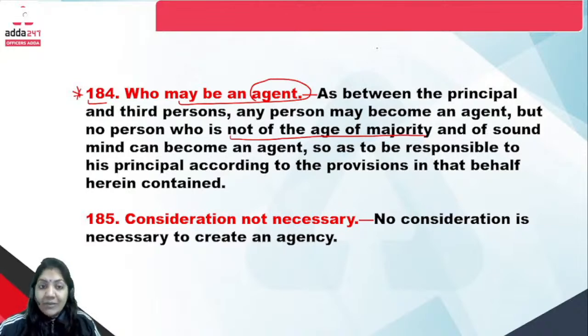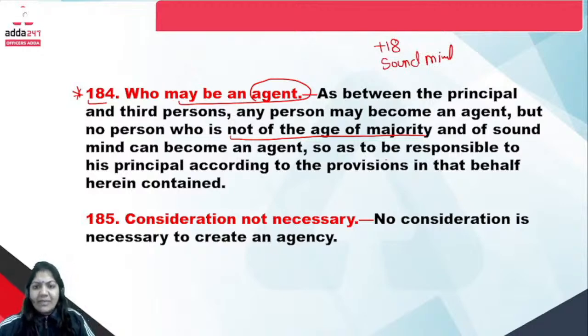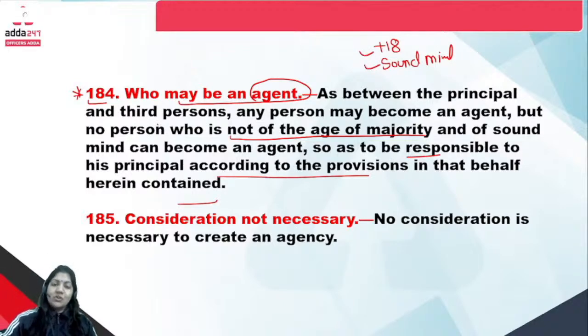So the person must be 18 plus and of sound mind, and be responsible to the principal according to the provisions. This is the qualification given in section 184 for who may be an agent.